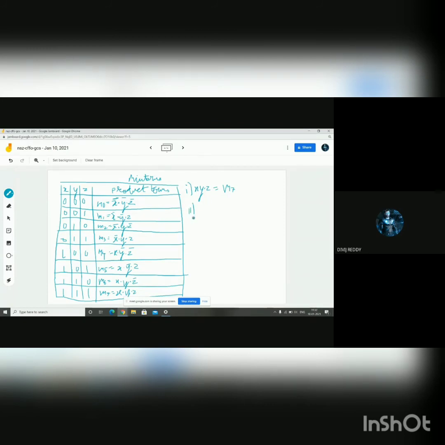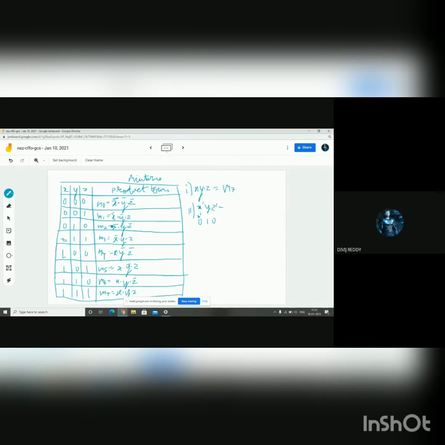Second question. He gave x complement into y into z complement. So here x complement represents 1. All the terms in this should be equal to 1. x complement is 1, so x is 0. y is already 1, so y is 1. z complement represents 1, so z is 0.